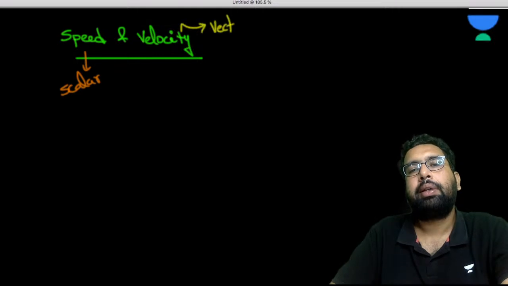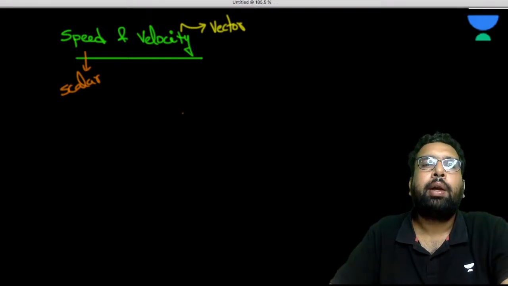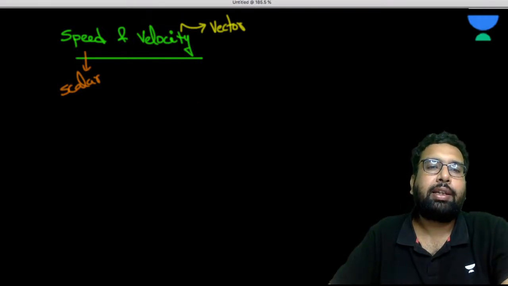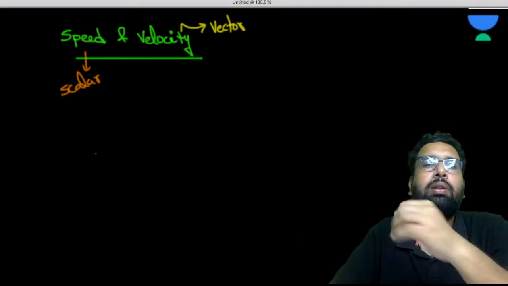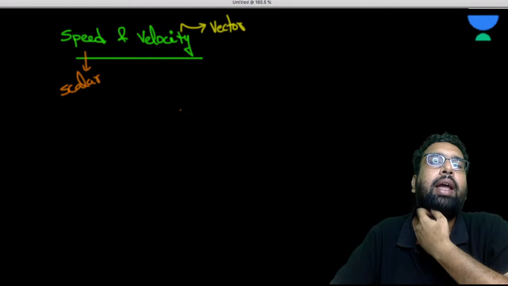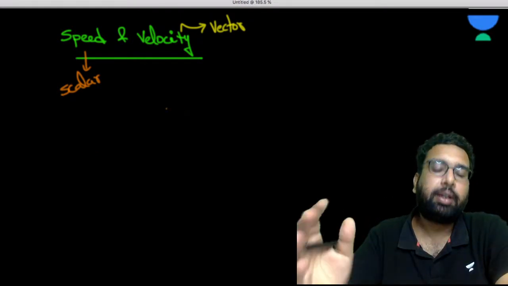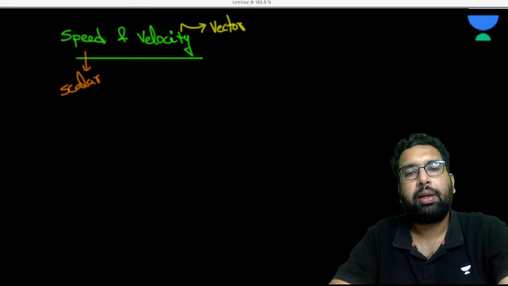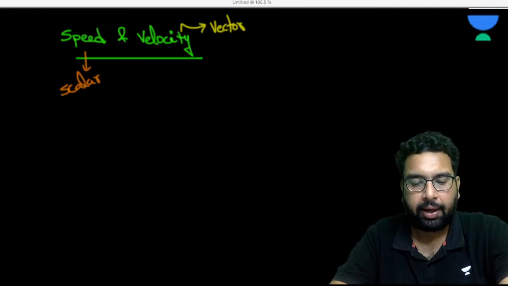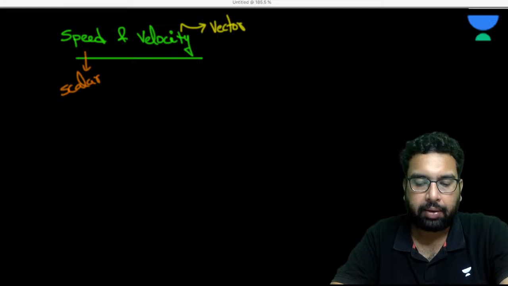So speed has only magnitude, and velocity has magnitude as well as direction. It requires magnitude as well as the direction.